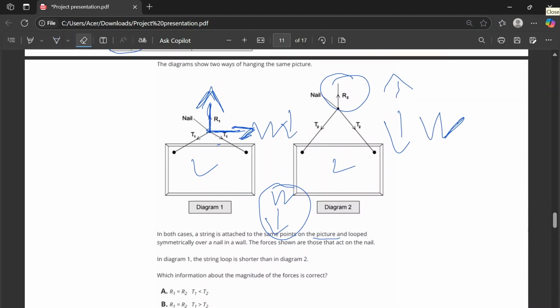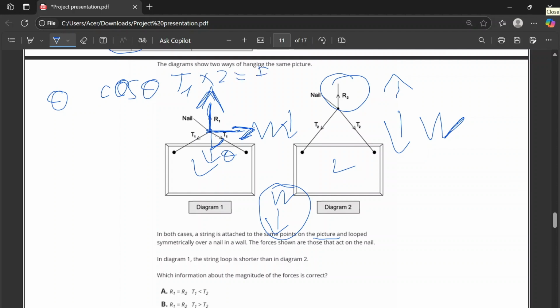Let me make it more clear. If we make this angle theta, this theta will help us. So in this case we use cosine theta times T1, times 2, which will give us R1. So this is our first equation.